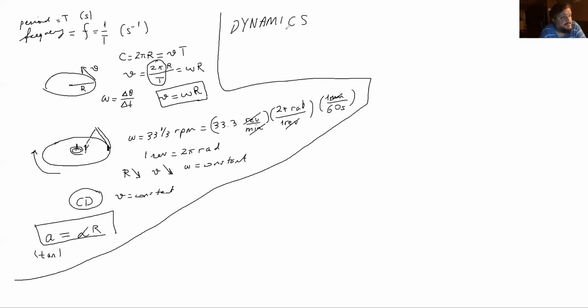For today, I'm not going to go into rigid body rotations like this compact disc or record, but instead focus on point particles going in circles. When we do rotations, we're going to revisit them and I'm going to talk about the generalization of these concepts of force and mass for rotations as well, but not today. So let's go back to point particles moving in circles.